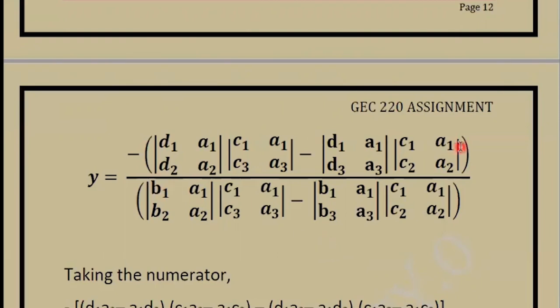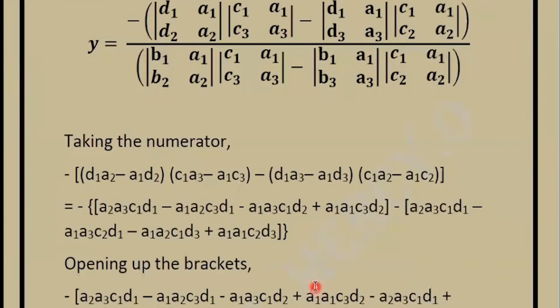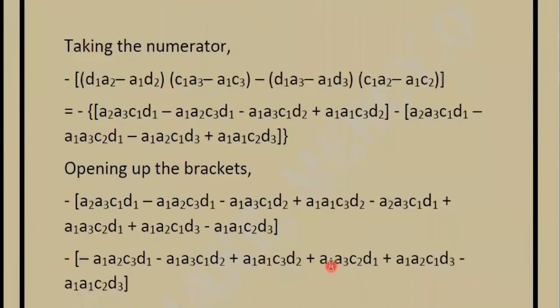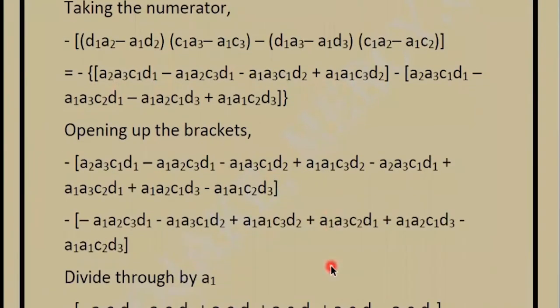We take the numerator as usual. And then we solve. Having this, we open the brackets, get this. On getting this, we eliminate the ones that are opposite to each other.